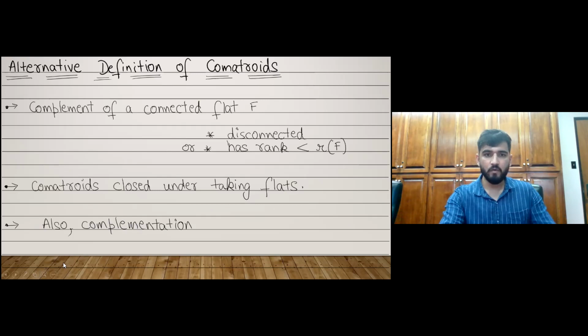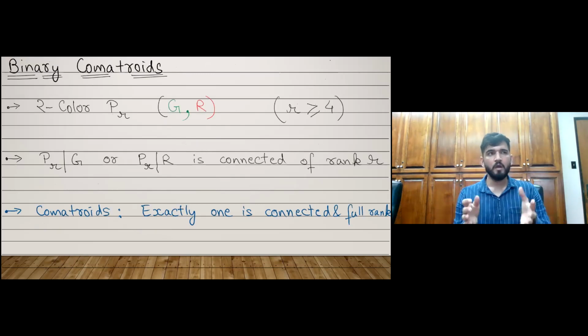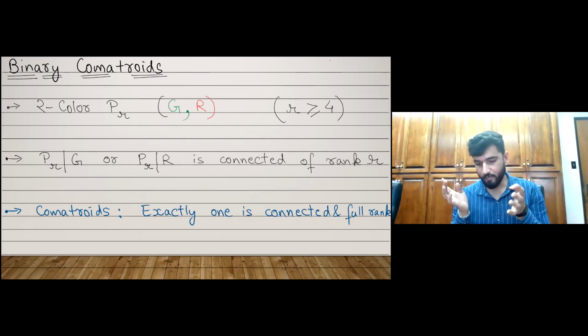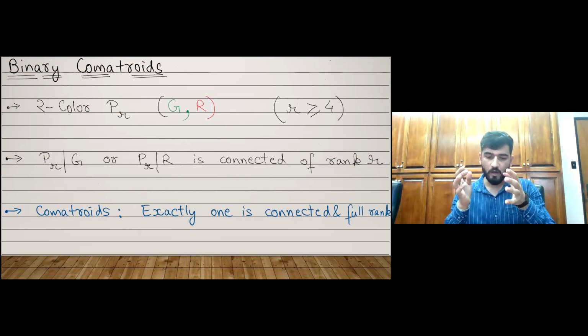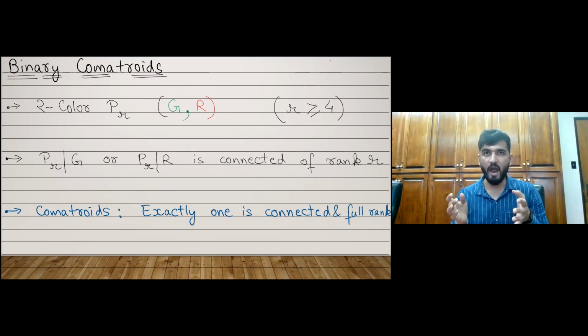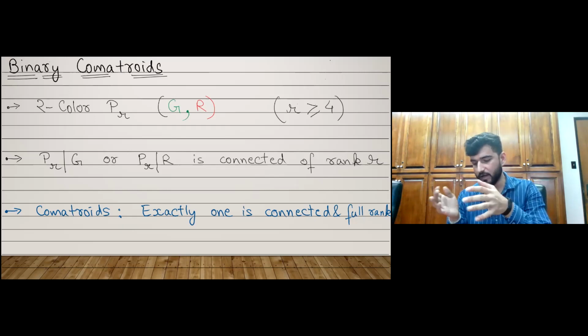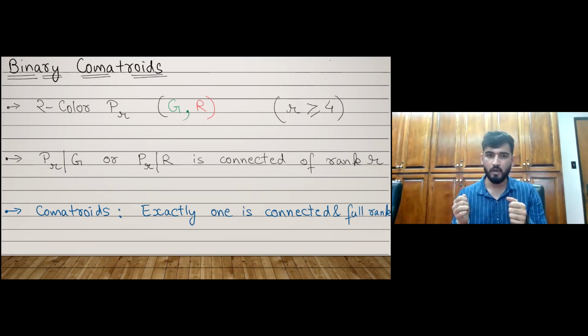Now, we can spend some time trying to understand or visualize what's going on. Comatroids can be thought of as two-colorings of the binary projective geometry. Color the elements of the binary projective geometry green and red. Of course, we're talking about binary projective geometry, so rank bigger than or equal to 4.